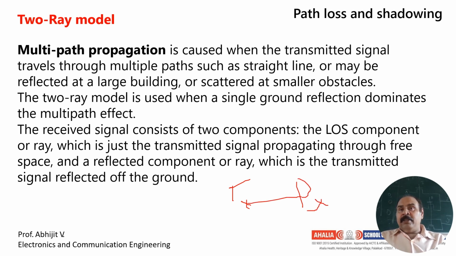There would be a direct ray, one ray. Another one would be, suppose this is the ground, it would hit and reflect. So let us consider two paths. This is called the two-ray model. Considering these two paths from transmitter to receiver, one is a straight line path, and the other is reflected from the ground back to the receiver.